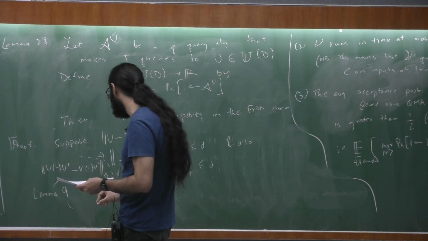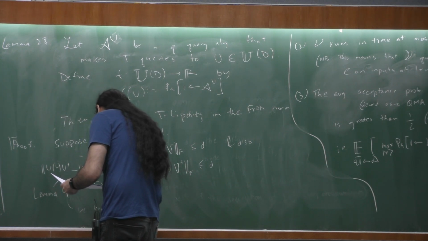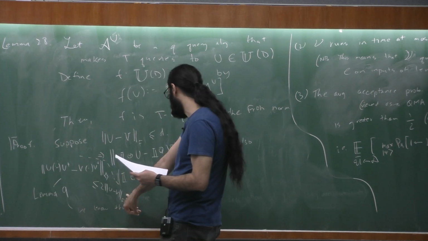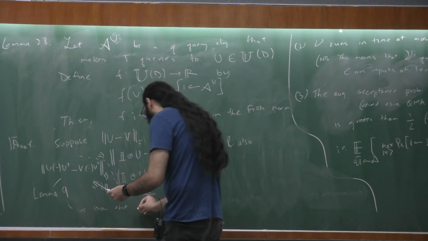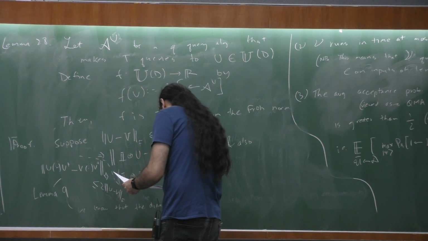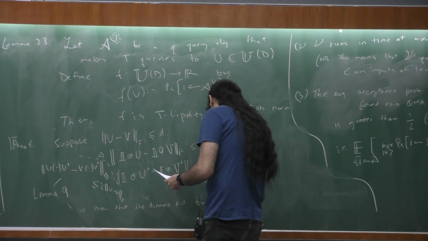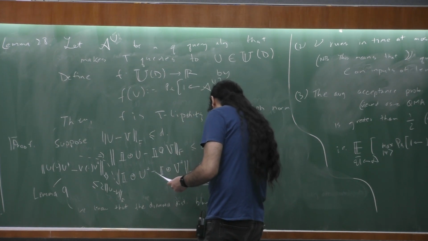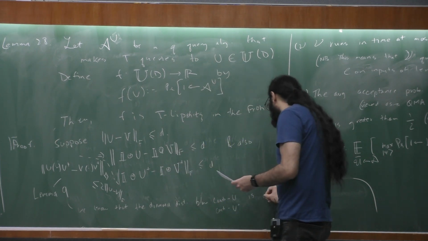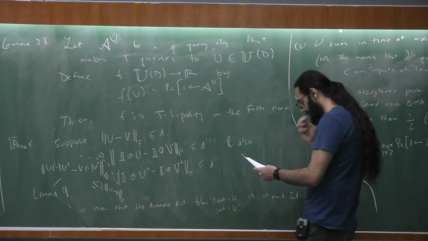So using this lemma, we also have a bound on the diamond distance, because you have a bound on the fidelity. So the diamond distance between control u and, similarly, control u dagger is at most 2d. Okay.